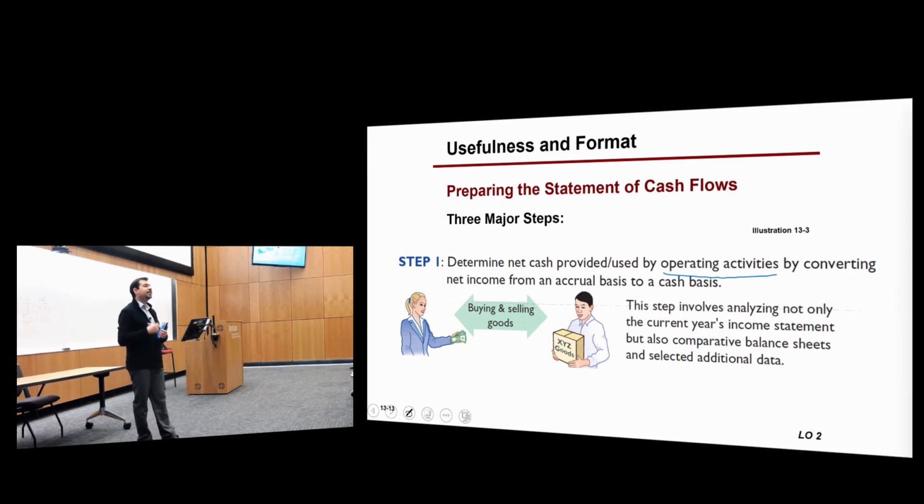So if you look at inventory, what's the other side of inventory? What's the other account that is always related to inventory? When we talk about inventory, we also talk about cost of goods sold, right? So when we think about inventory, we're also thinking about the cost of goods sold, which was recognized.